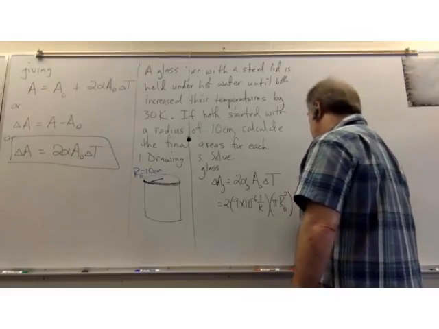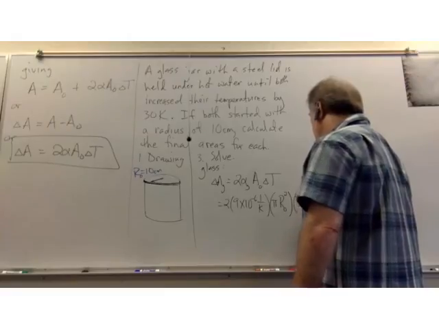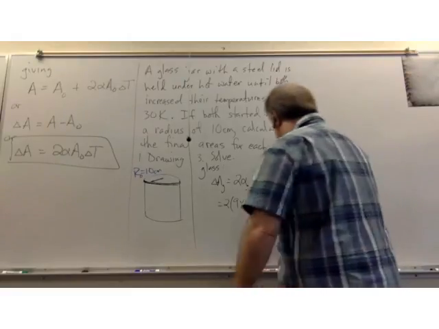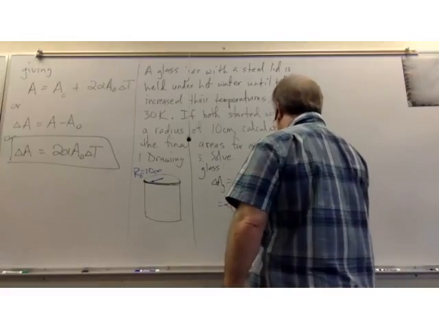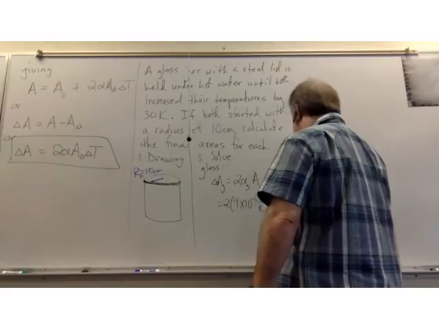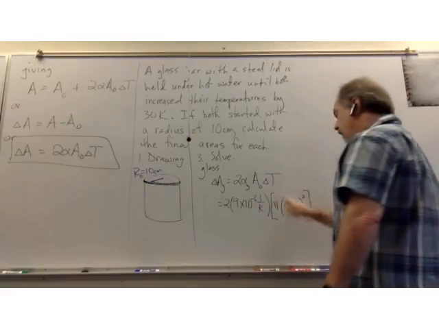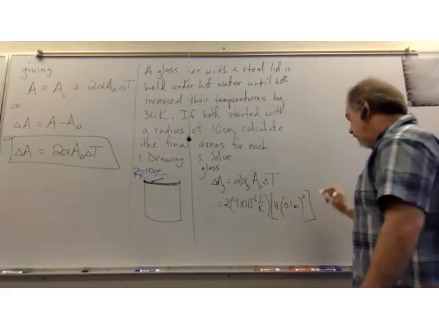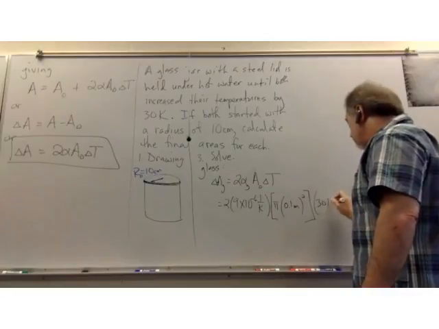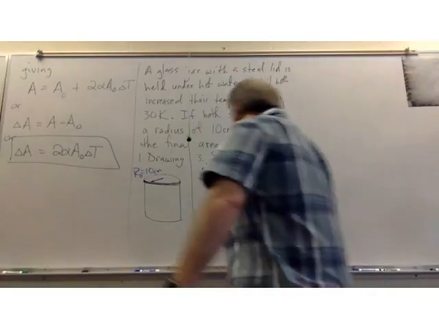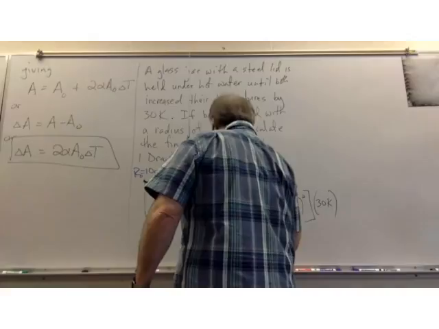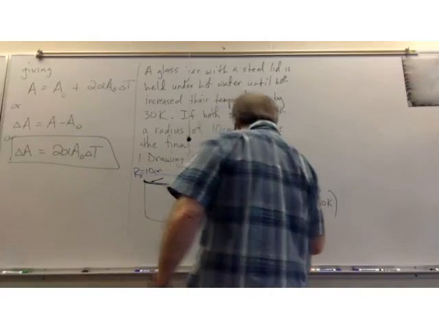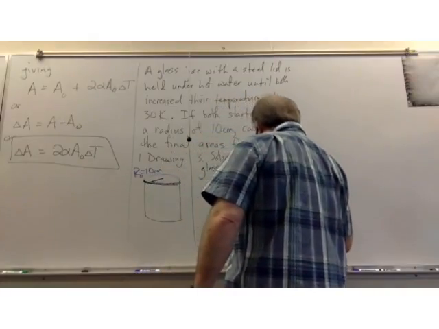And then the change of temperature is 30 Kelvin. I'm sorry, I should put in the numbers here. So pi times the original radius is 0.1 meters, squared. That's area. And then times 30 Kelvin. And I plug in those numbers and I actually calculated it and got 1.696 times 10 to the minus 5 square meters.